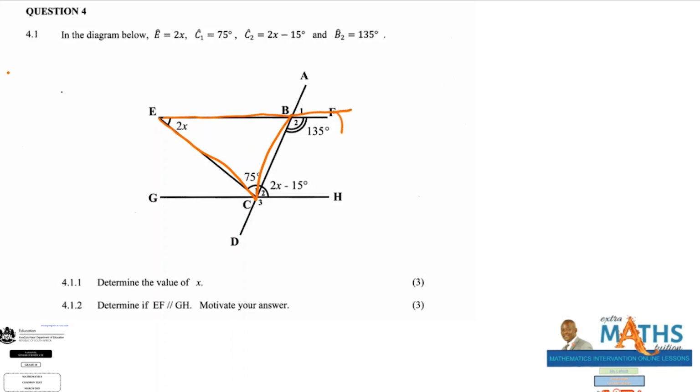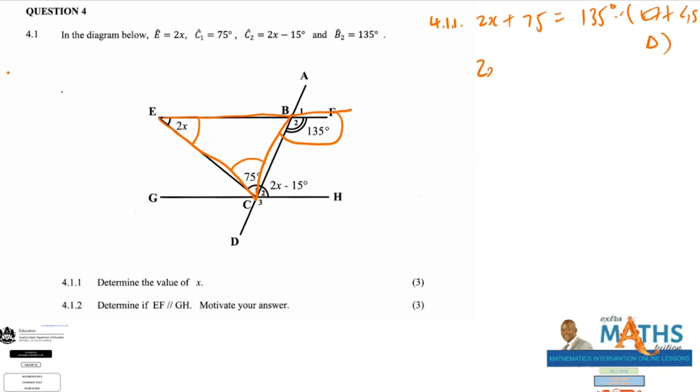And our 135 is an exterior angle which equals the sum of the two opposite interior angles. It means 4.1.1 will be 2x plus 75 will be equal to 135 degrees. Why do we say so? An exterior angle of a triangle.